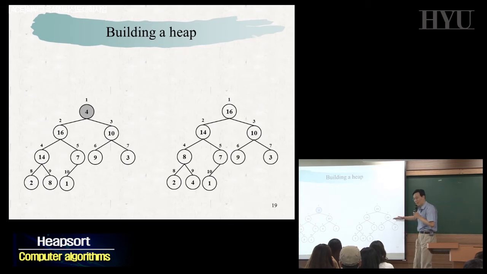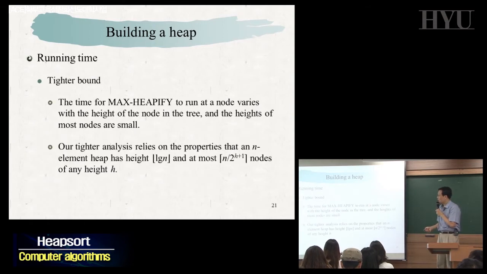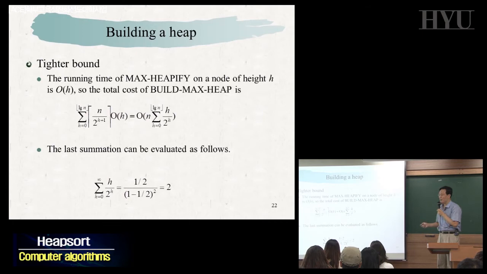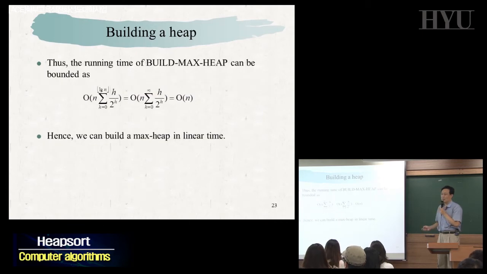Usually the height of the subtree at lower level nodes is 0, 1, 2, so it's very small. If you consider that in calculating the running time, it becomes big O of n.